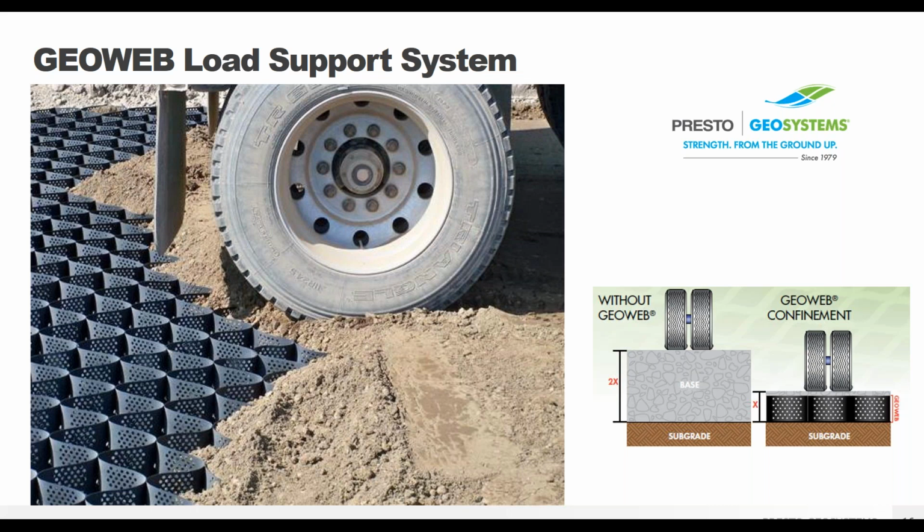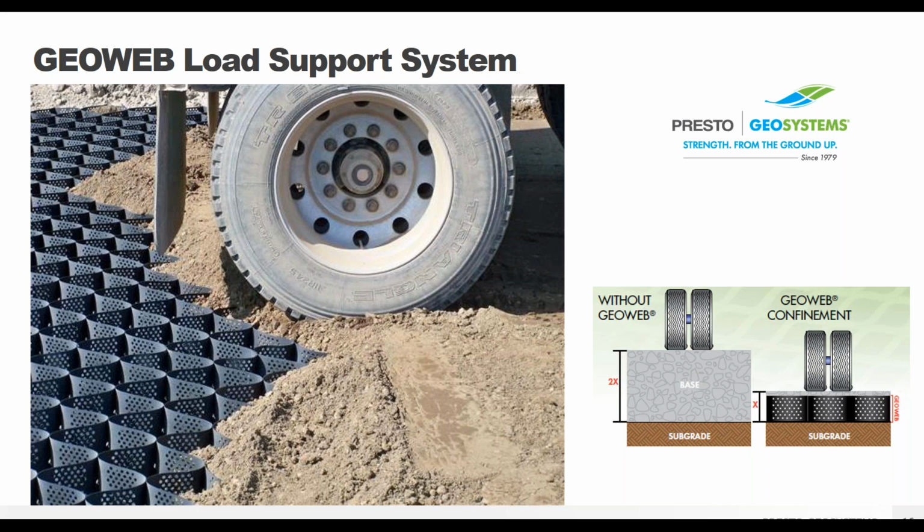You can see there are empty cells there. So you can see how those cells push up against each other to help support the load, and that the adjacent cells need to be filled for support, but the whole system doesn't. So it's a great benefit to using the GeoWeb system that you don't have to have every cell completely filled before the road is usable.